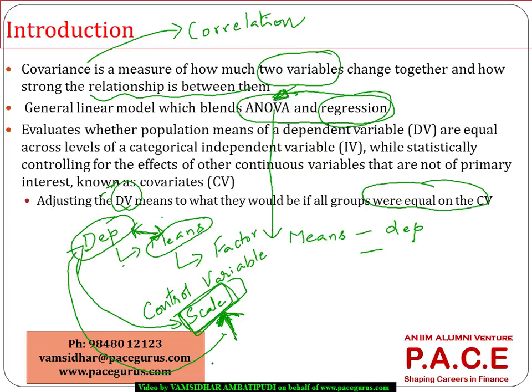So what this ANCOVA analysis does for us is, if I remove the impact of this variable, which means if I neutralize this variable, and the groups have more or less uniform values on this variable, what could be the impact on the average means of the dependent variable across various categories. That is what can be tested very well using this ANCOVA analysis.